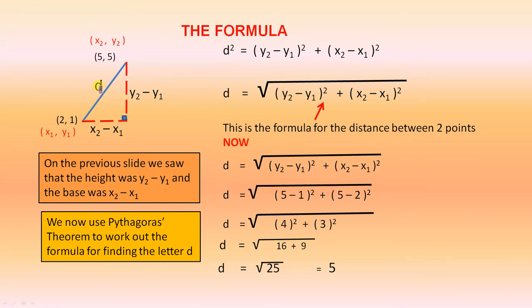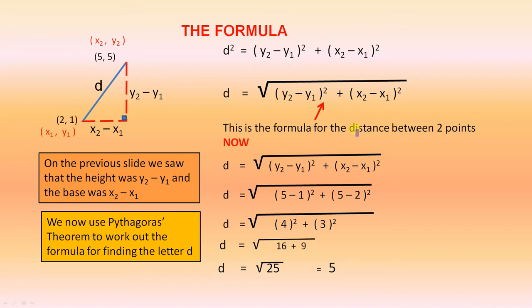So I'll put d here as the distance between the 2 points. So Pythagoras' theorem tells us that the square on the hypotenuse equals the sum of the squares on the other 2 sides. So d squared equals (y2 minus y1) all squared plus (x2 minus x1) all squared. So d will be the square root of that expression there.